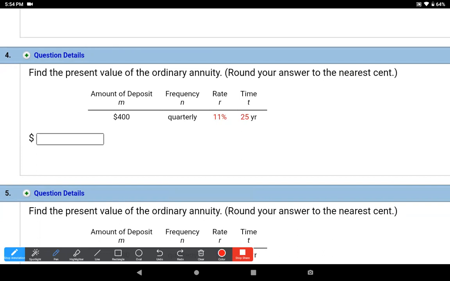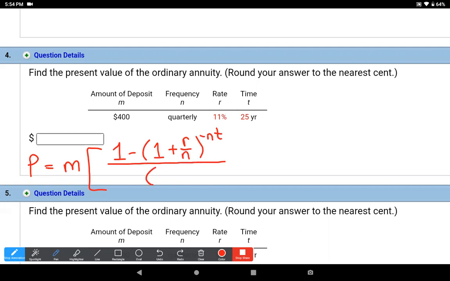So M is $400 times, and I'll write it this time the way I put it in the calculator.